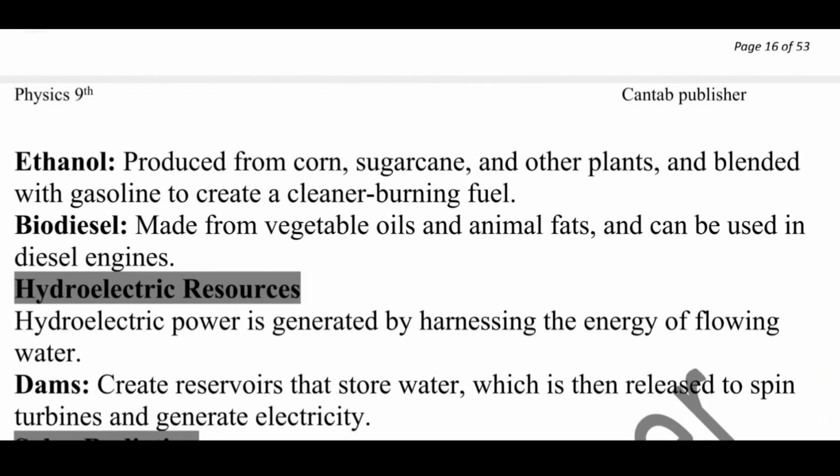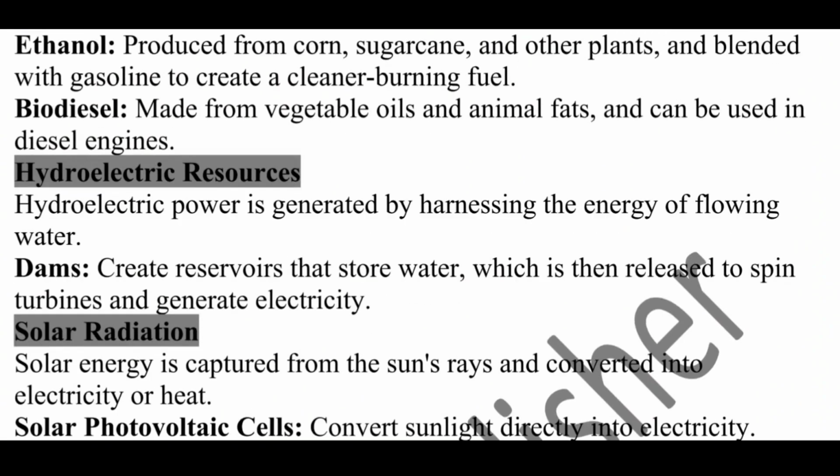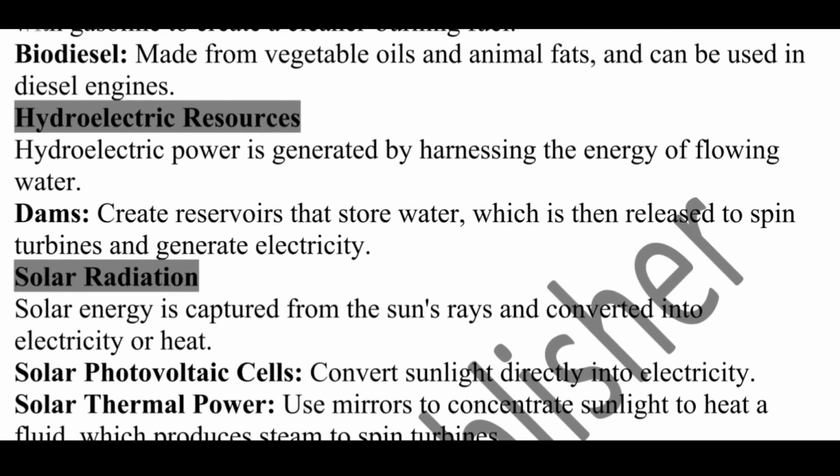Biodiesel, made from vegetable oils and animal fats, can be used in diesel engines. Hydroelectric resources. Hydroelectric power is generated by harnessing the energy of flowing water. Dams create reservoirs that store water, which is then released to spin turbines and generate electricity.